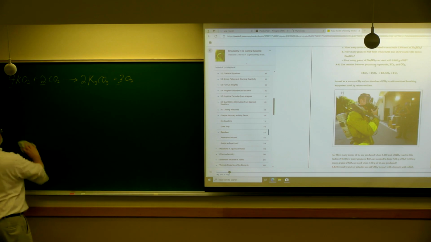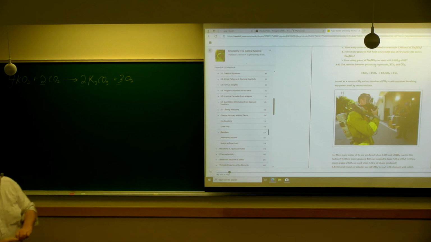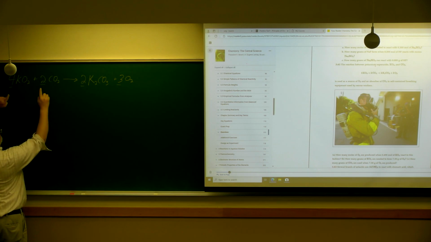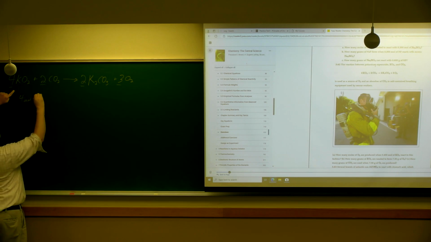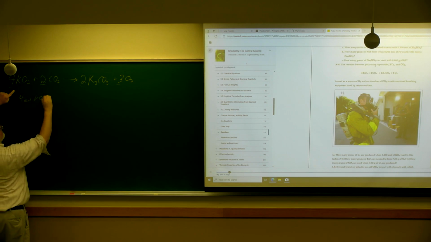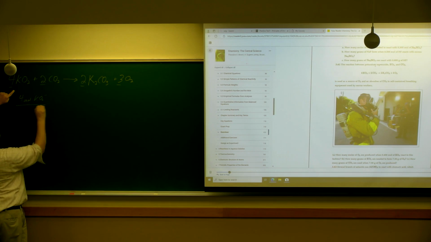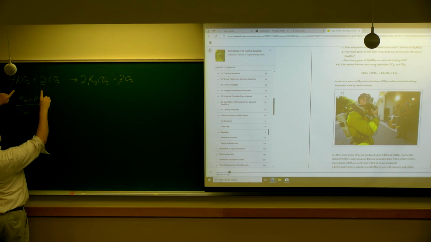If you've got that in front of you as a balanced chemical equation, what this really is, is a summary form of this. There's these two things and they have a certain relationship to each other. That relationship is 4 moles of KO2 to 2 moles of CO2. That's the molar relationship of these two things.